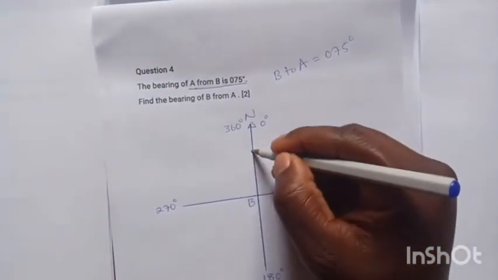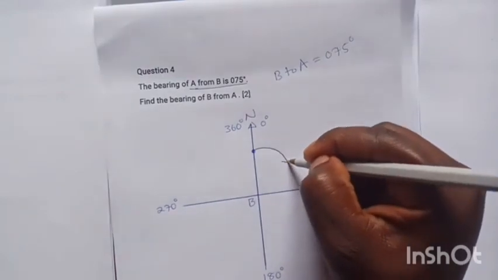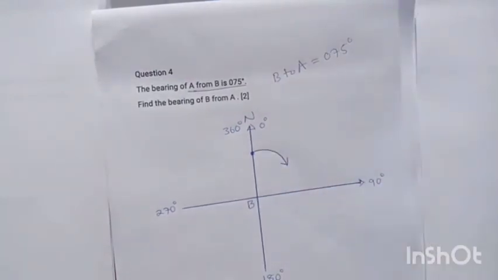Then I'm going to identify the quadrant which contains 075 degrees. 075 degrees is an angle between 0 and 90 degrees. Hence, the arrow must be placed in the first quadrant. It is not allowed to exceed 90 degrees because 75 degrees is less than 90 degrees.